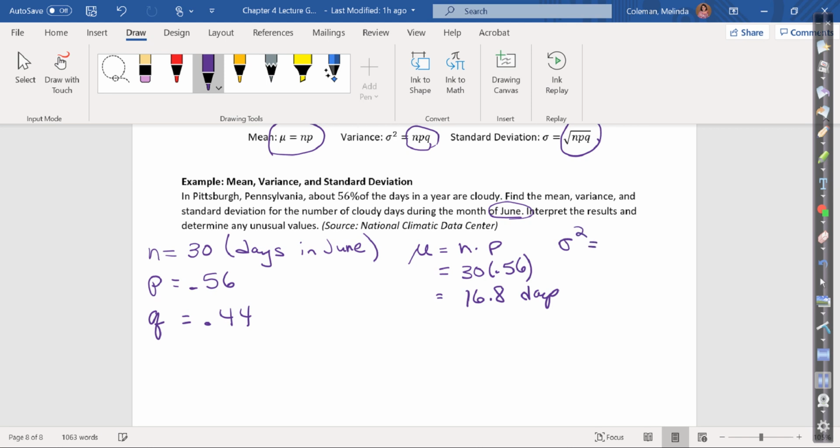Our variance is going to be n times p times q, so 30 times 0.56 times 0.44. If I multiply that out, I get 7.4. And then my standard deviation is going to be the square root of 7.4, so my standard deviation is equal to 2.7.